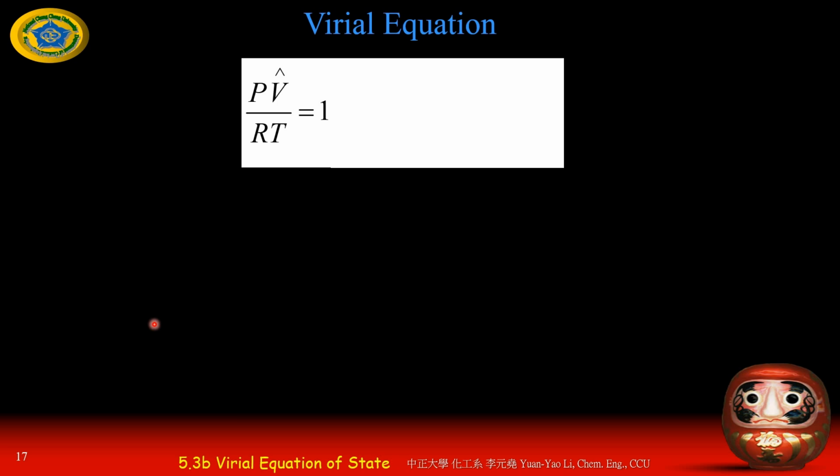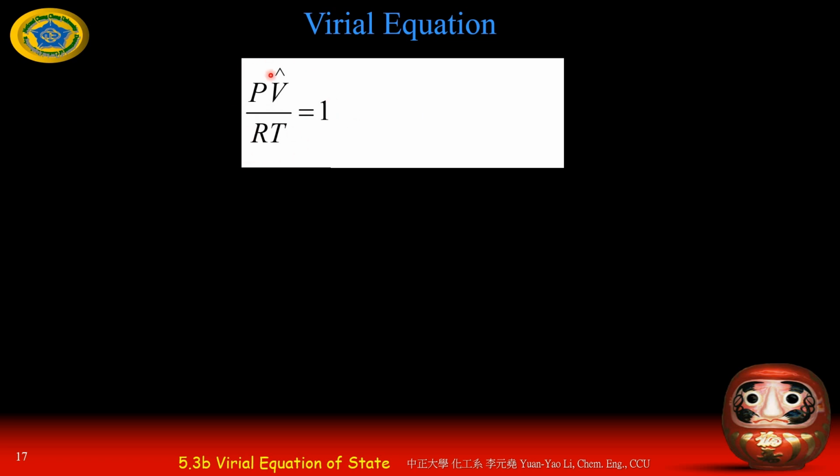So as you know, this is the ideal gas equation of state, which is P times V-hat over RT. What is V-hat? It's volume divided by what? Mole, right? Mole, okay? So this is called specific molar volume, divided by RT, gas constant times temperature, equal to 1.